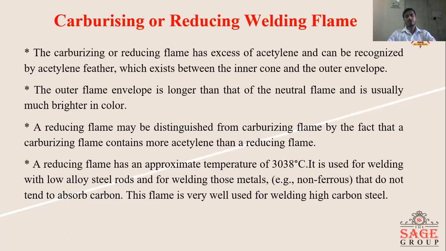Next is the carburizing or reducing flame. The carburizing or reducing flame has an excess of acetylene as compared to oxygen, and can be recognized by the acetylene feather which exists between the inner cone and the outer envelope. The outer flame envelope is longer than that of the neutral flame and is usually much brighter in color. The carburizing flame contains more acetylene than the reducing flame.